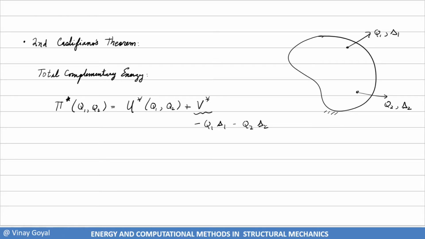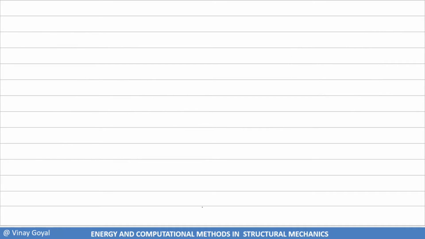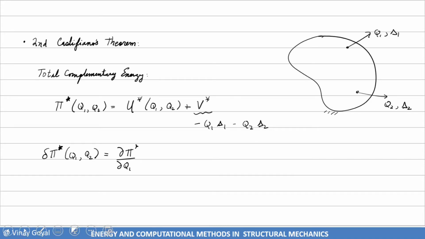And so now I'll take the first variation of pi star, which is the partial of pi star with respect to Q1 del Q1 plus pi star with respect to Q2 del Q2.